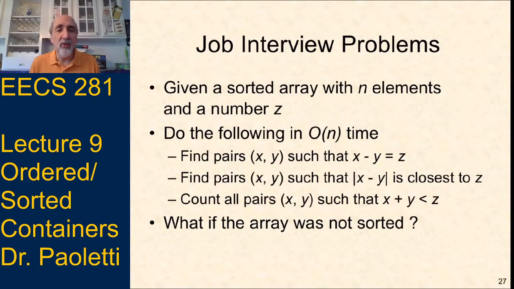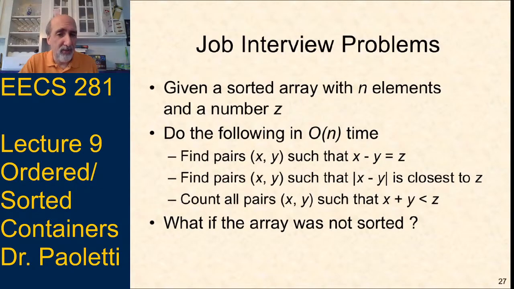Okay, and here are some other questions. If I gave you a sorted range with n elements and a number z, and I say, find me pairs, and you could stop with one or find them all, such that x minus y is equal to z. Or if they aren't equal, find the one that's closest.